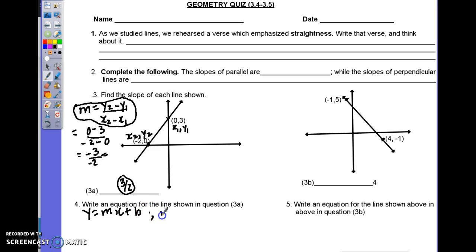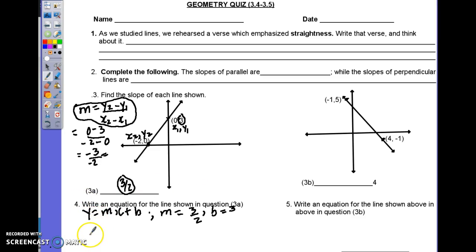We know the slope is 3 over 2, but we don't know the b, do we? Oh, you say, yes, we know the b. The b is the y value for which x is 0. That's the y-intercept. The b in this case is 3.